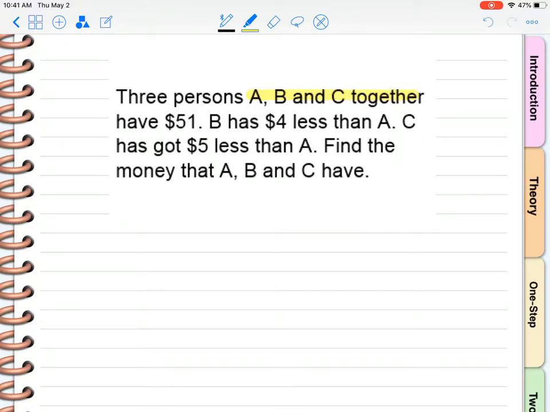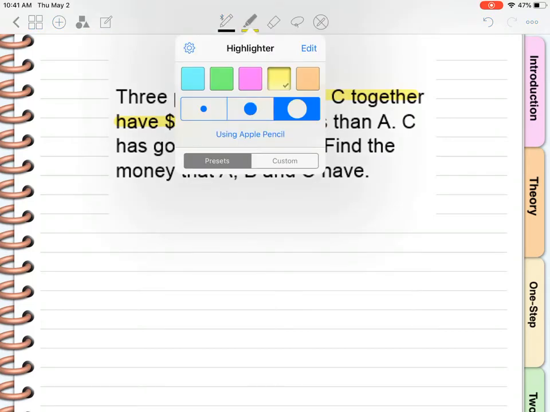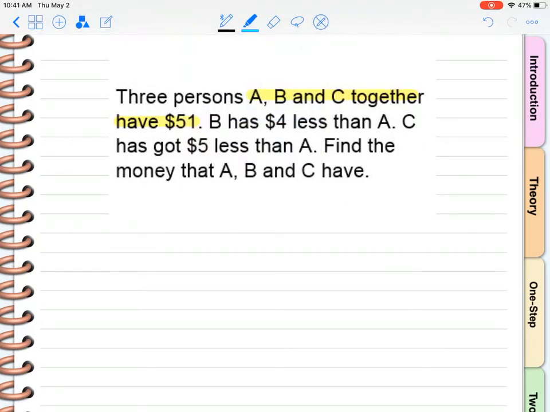A, B, C together have $51. Okay, that's not too bad. This is a little harder to understand. B has $4 less than A, and C has got $5 less than A. And we need to find the money that each one of these people have.